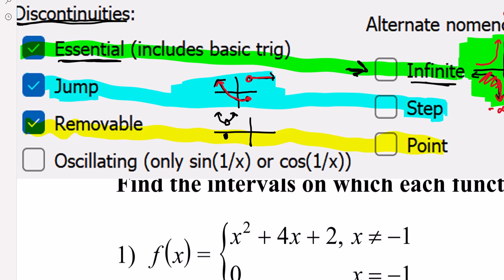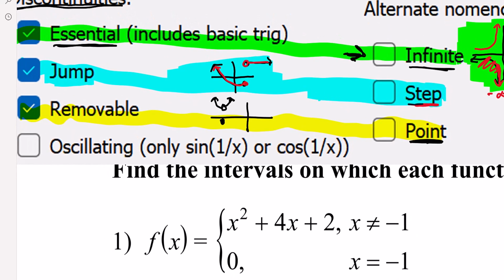This is called jump or step. When you get to college, whichever your professor prefers, use that. And then removable or point. I like to use point because it looks like that. When you've got a graph that literally just looks like a point's been removed, that's point discontinuity.